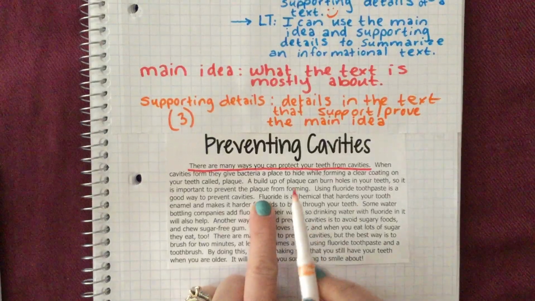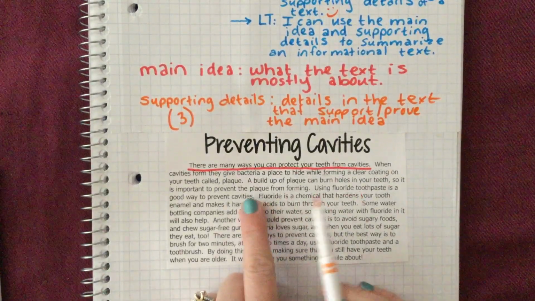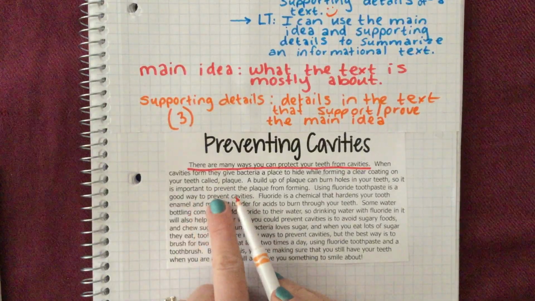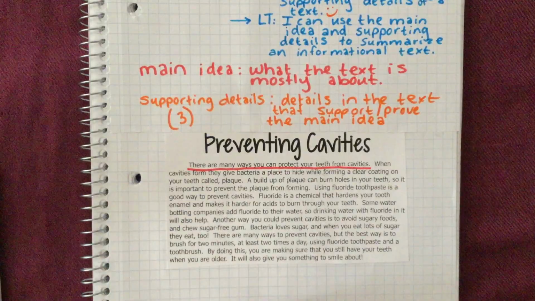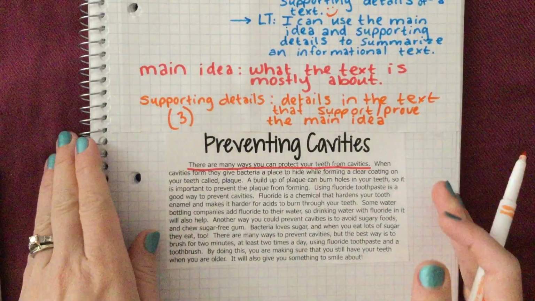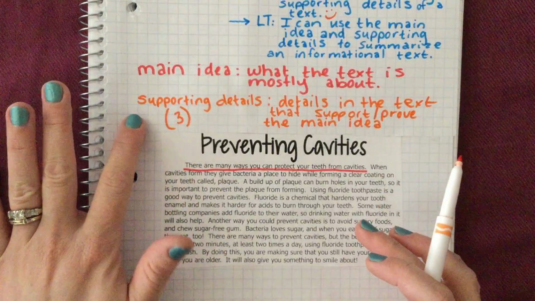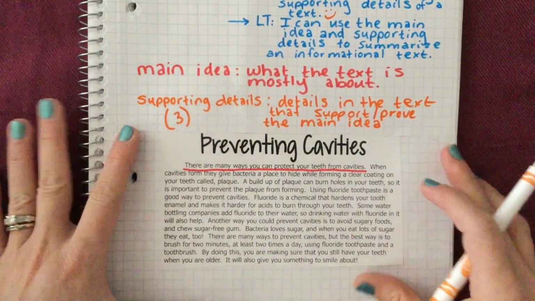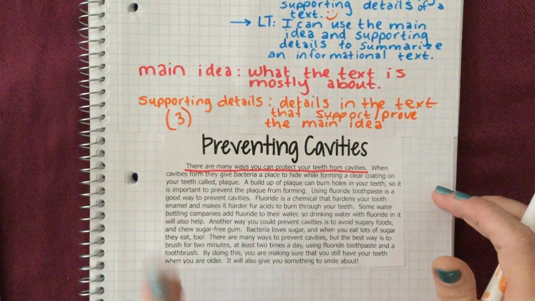Now, this sentence gives us kind of a little bit of a hint. It says it is important to prevent the plaque from forming, but do we have a way to protect it yet? No, so this is kind of giving us some background information. So neither one of those are super supportive details. They're just really important pieces of information for the text itself, but they don't support the main idea yet.